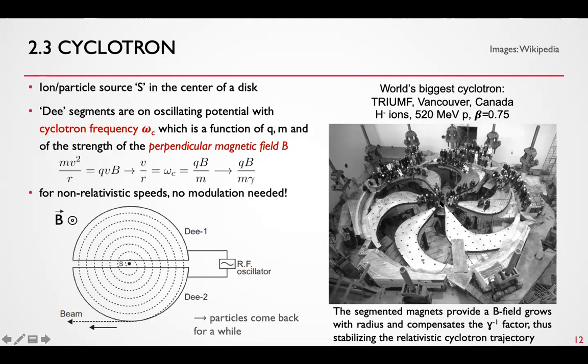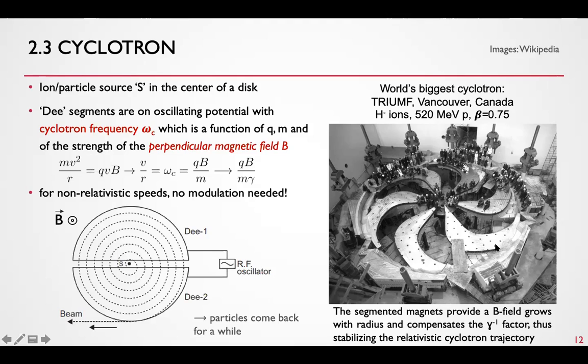So what happens here is that the protons are injected here and then they circle outwards, and the geometry is such that these segments provide the B field, the magnetic field, over a wider area of this movement, the more outwards you come.